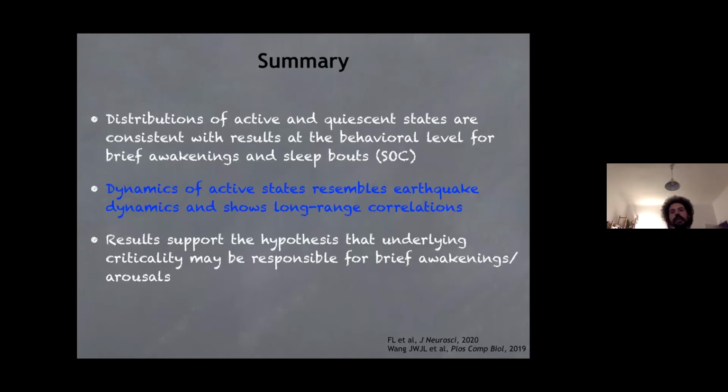That is, we have a duality of power law and exponential that is reminiscent of self-organized criticality. We also find another signature of criticality, which is long-range correlations, and together these two pieces of evidence clearly point to a role for brain criticality in sleep regulation, and in particular in the emergence of brief awakenings during sleep.